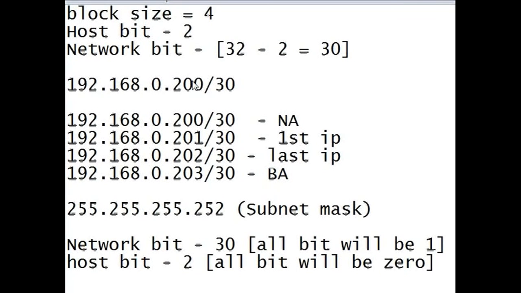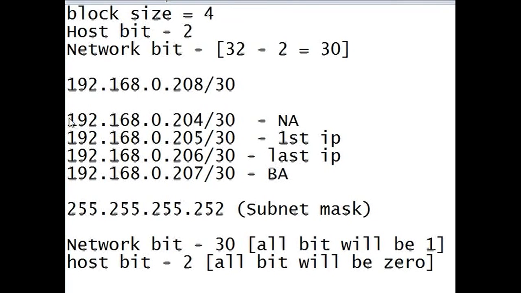The next network will be 204. First IP will be 205, 206 will be last IP, this is 207, next will be 208, like that.